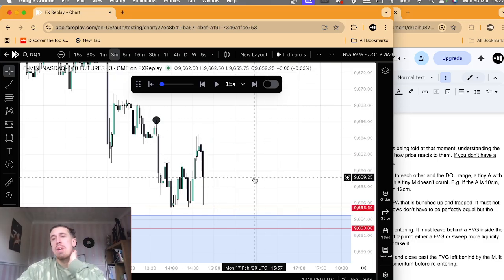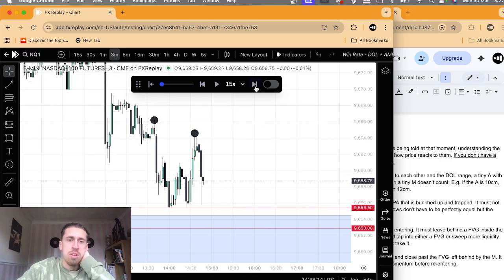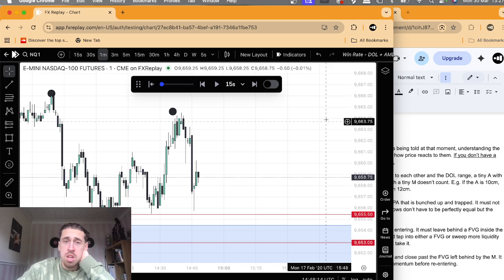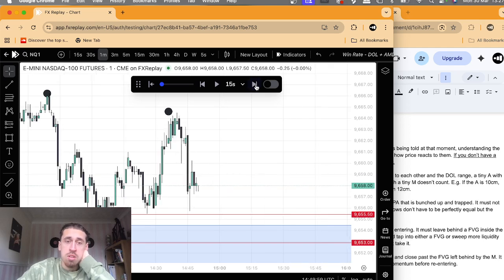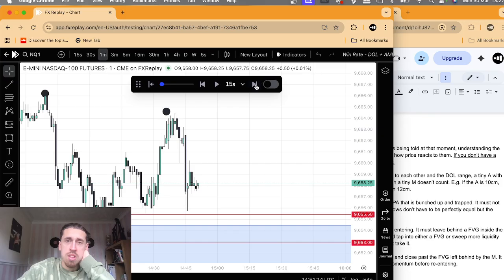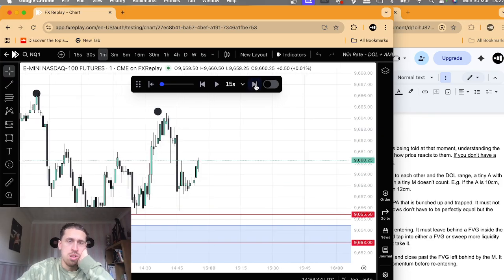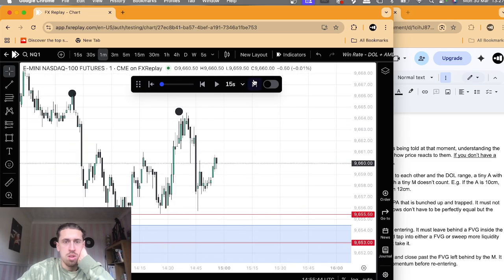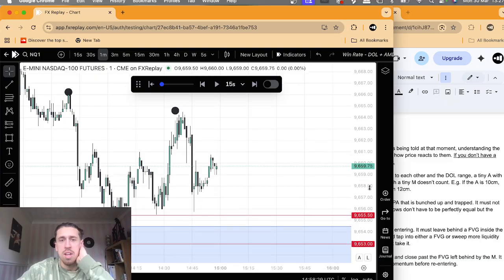I think because of my lack of confidence here, I'm gonna instead use this as a draw on liquidity and then see if I can take a move internally. Do you think it's gonna go there? It would just be nice to maybe see this come up and then come back down. Okay, I'm definitely taking this if we get it.